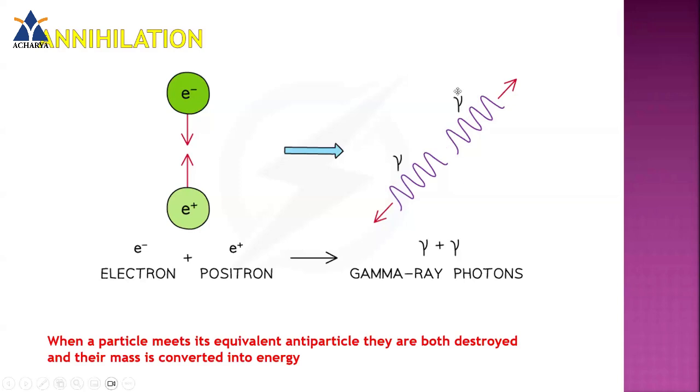This is the positron, having a positive charge, emitted from the radio-labeled nucleus. This is the electron, already present in the tissue we are going to image, that is the region of interest. The electron in the region of interest and the positron from the radionuclide interact. A positive particle and a negative particle interact, and both particles disappear.